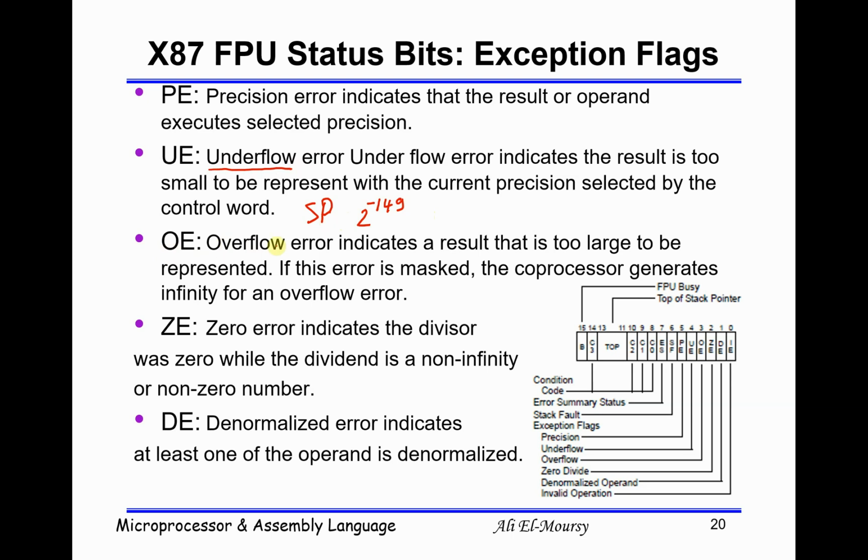The next one is the overflow. We all know what overflow is. If the number is bigger than what you can represent, again for single precision, which we mentioned uses 32 bits for the values, the overflow happens if the number exceeds, if I recall, 2 to the power 128.